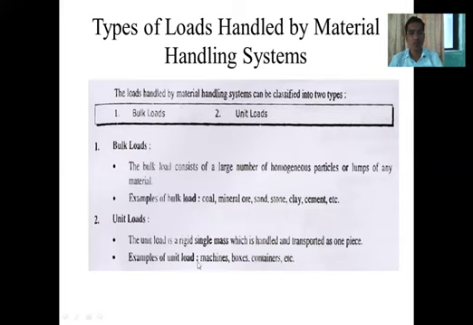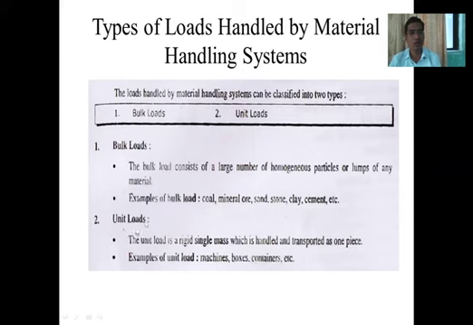Examples of unit loads are machineries or machines, different equipments. Then the boxes which contain goods or packing of the material come under the unit load. Then containers also come under the unit load, where we can convert the bulk load into the unit load.